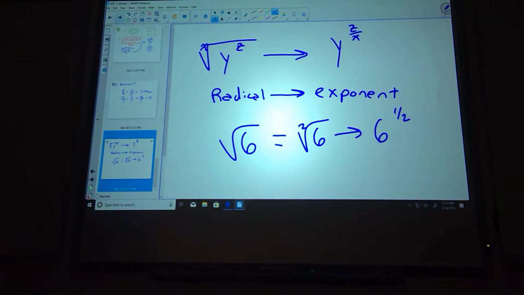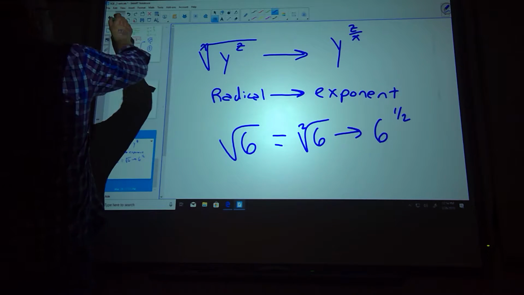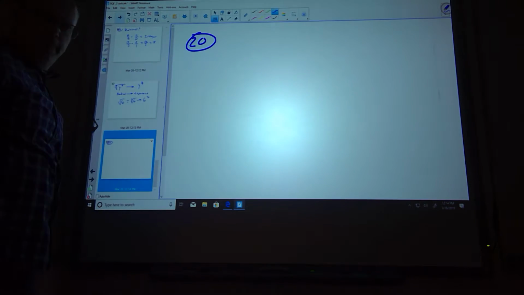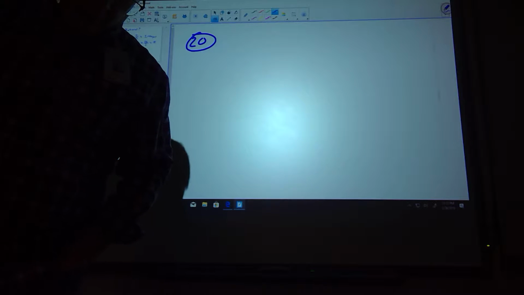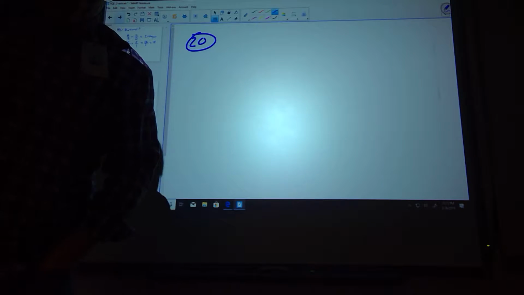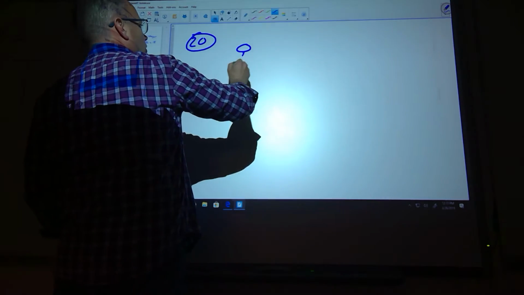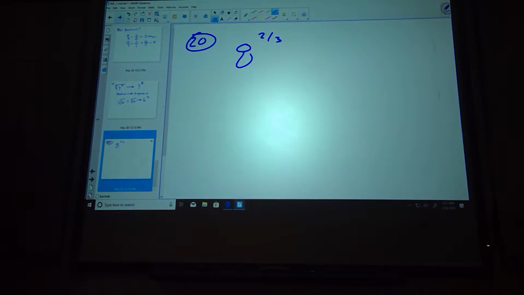What else did we see on homework that we want to go over? Number 20. I think number 20 is just supposed to be this. I'll work it out anyhow.